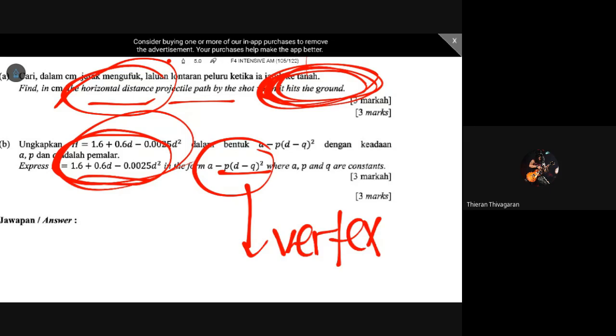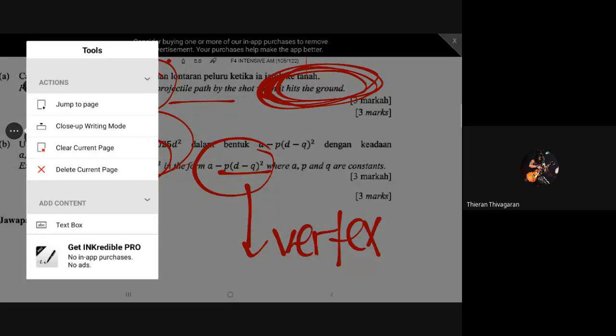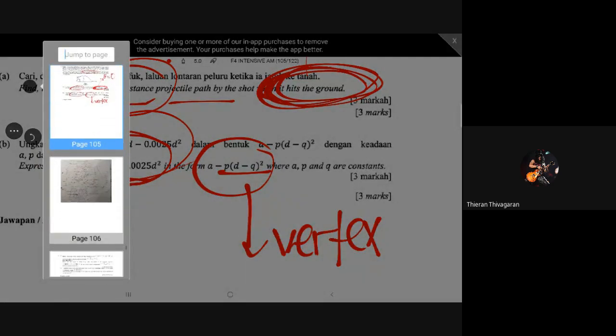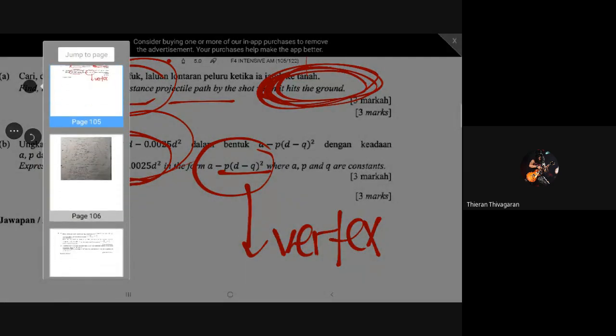Others, what do you guys get? Yang lain? If you solve and see, what answer do you all get? I saw the solution lah guys.